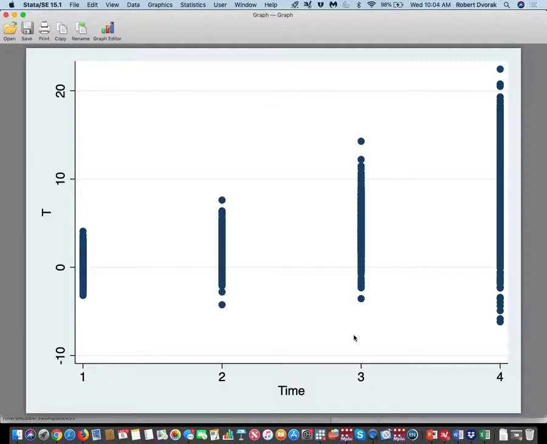And if we had a perfect linear effect, then we would see something increasing all the way across, right? But we don't see that. We see something else going on here. And it looks kind of like a fan or a funnel, right?